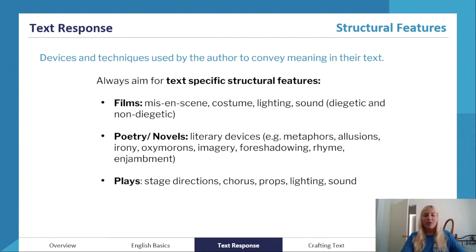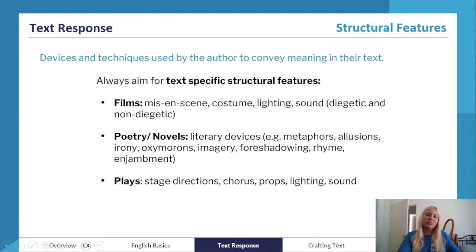Now, for our structural features, I'm bringing this up again when we're looking at text response. If you're studying English texts of different genres, you must analyze genre-specific literary devices for the text you're working with.